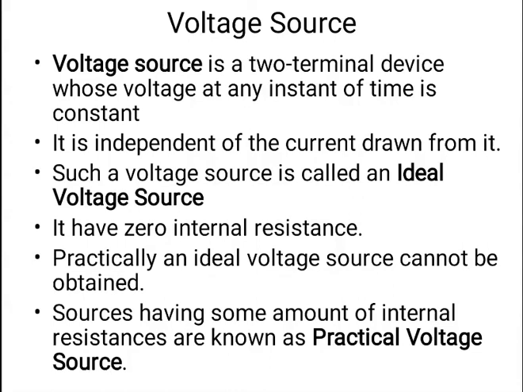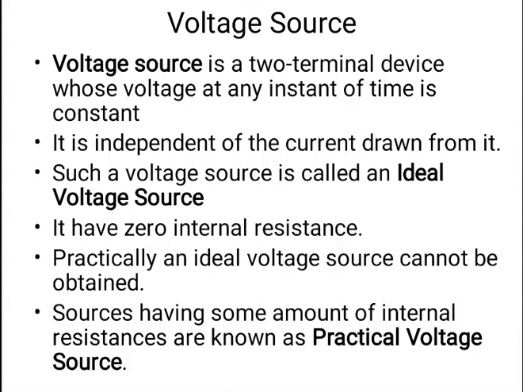Why? Because the voltage source should also have some resistance. Because everything is made up of a material, and materials have resistance, because resistance is the basic property of a material. So the voltage source should also have some resistance, and that resistance is nothing but the internal resistance. That's why practically it is not possible to obtain the ideal voltage source.